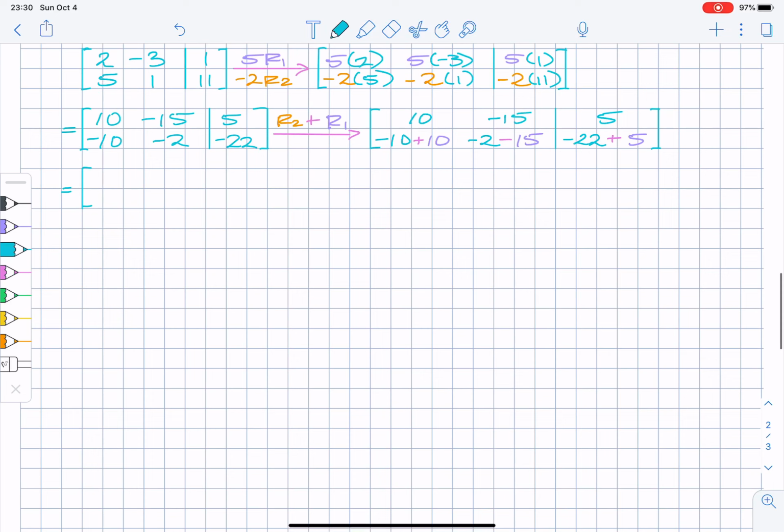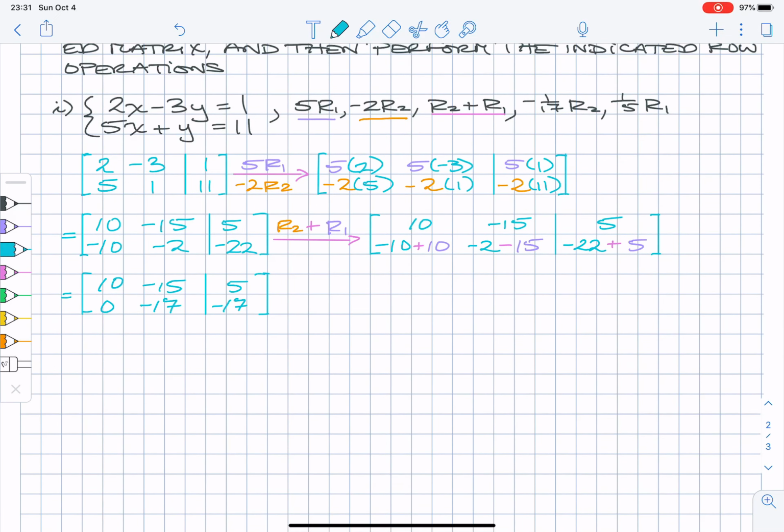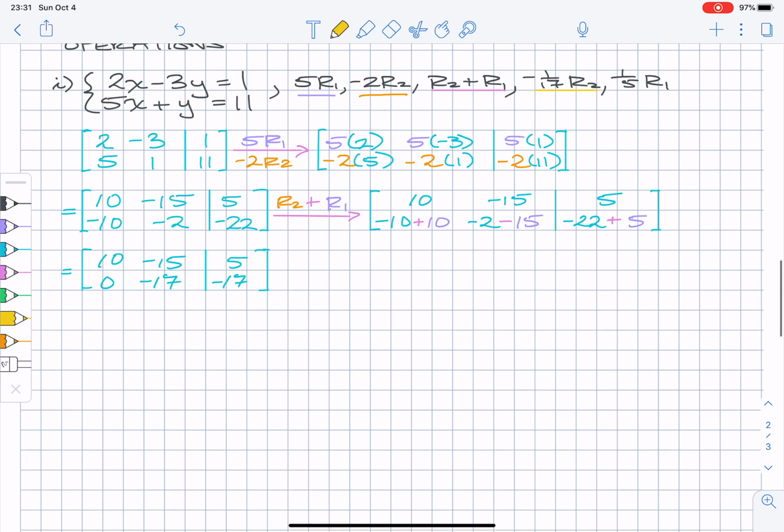Okay, so that gives us 10 and 0, negative 15 and negative 17, augment, 5 and negative 17. Which is interesting because the next step is negative 1/17 row 2.